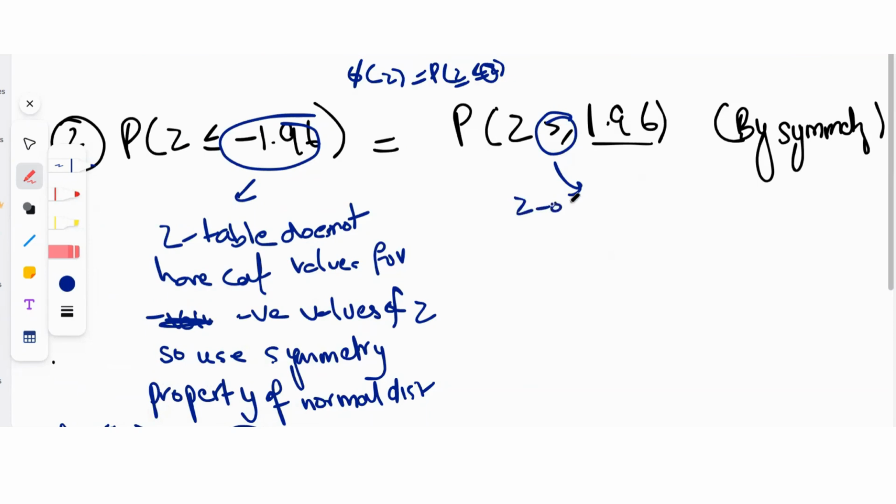Now the problem is that the Z table only has CDF values.